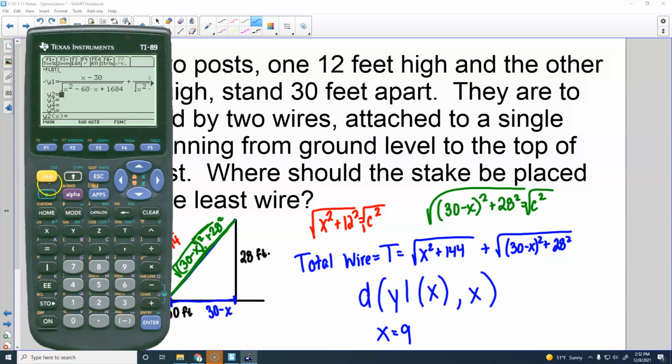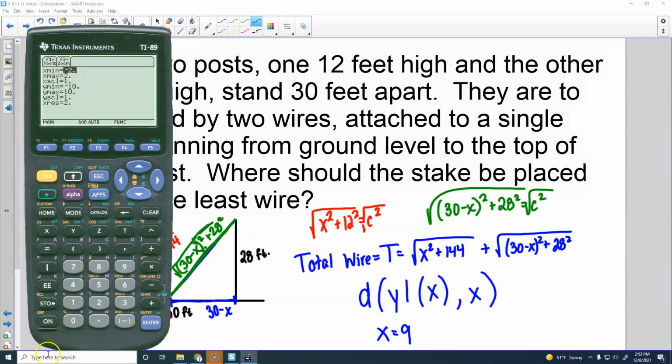All right, so if I go to my window, do you guys know how Zoom Fit works? Zoom Fit is useful, but it'll really get you in trouble sometimes. Zoom Fit does not change your X values, but it will change your Y values so you can see everything in that interval.